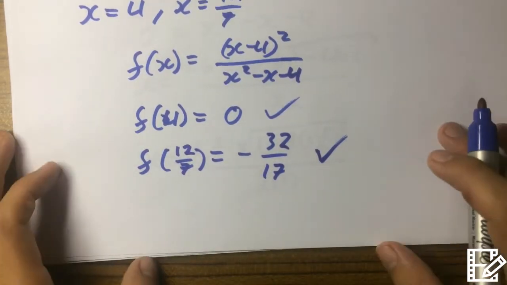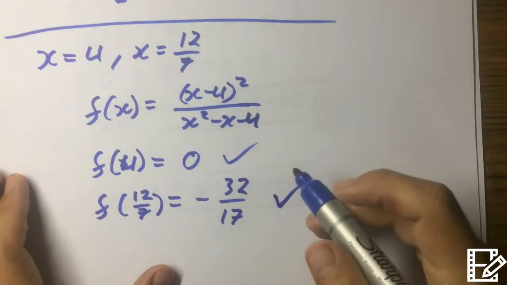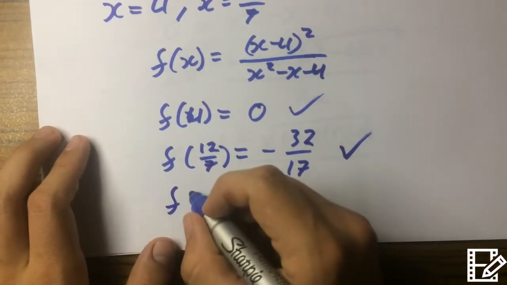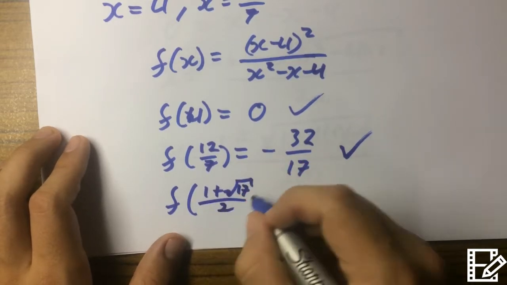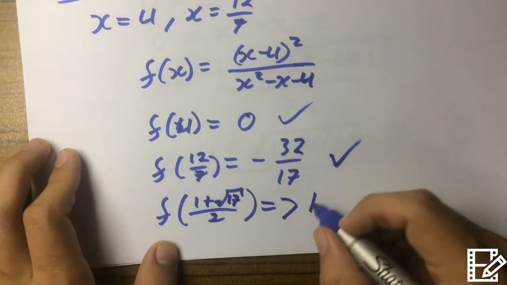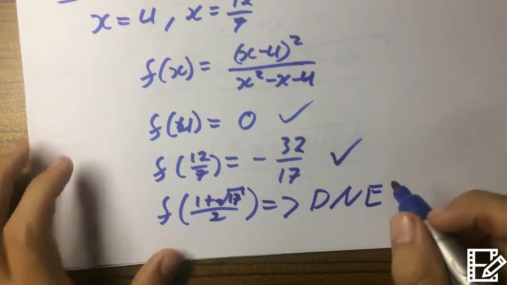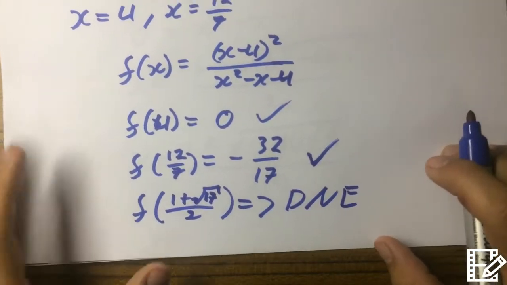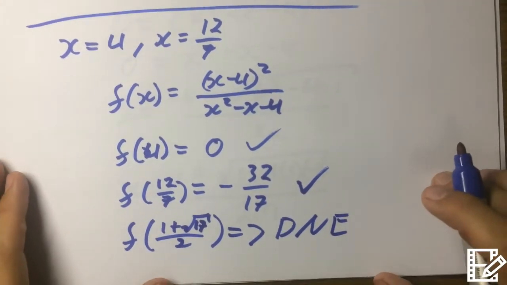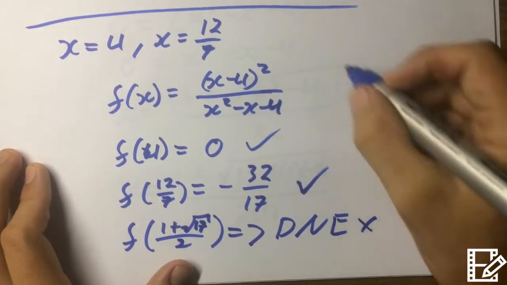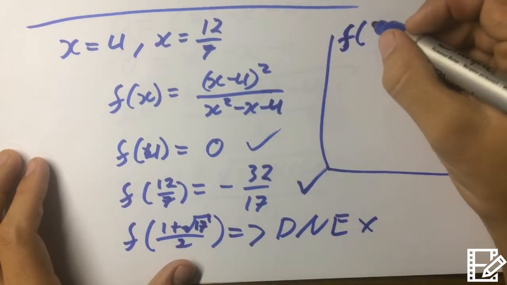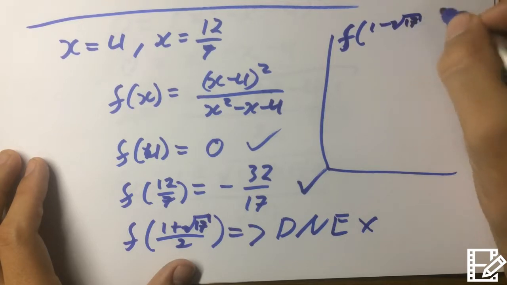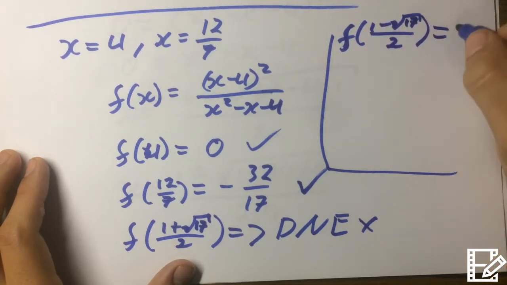It's within the domain. But, unfortunately, for f of 1 plus square root of 17 over 2, it doesn't exist. It pops out in your calculator with a mathematical error. So that's no. And for that last one, f of 1 minus the square root of 17 over 2, that also does not exist.